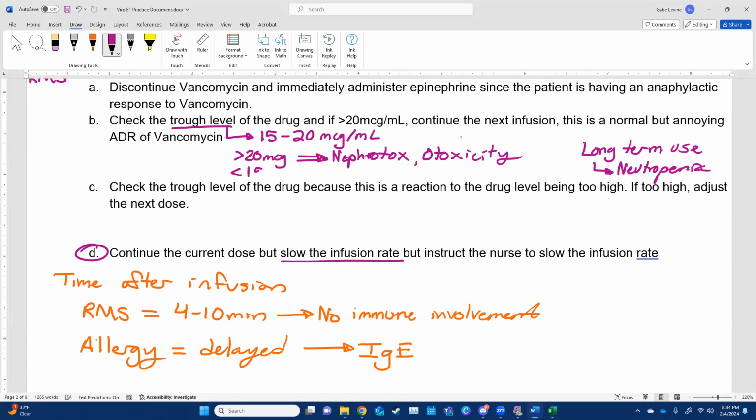What happens if we have less than 15 micrograms? What's going to happen here? Yeah, it's not working.